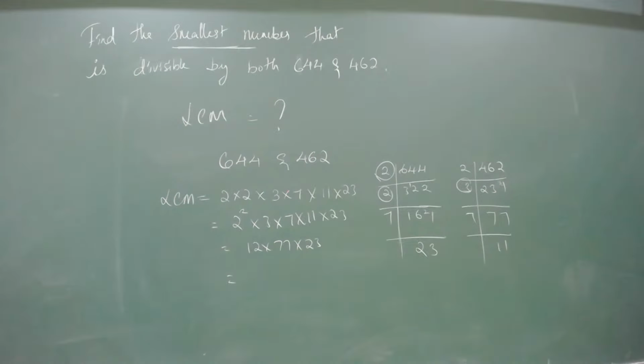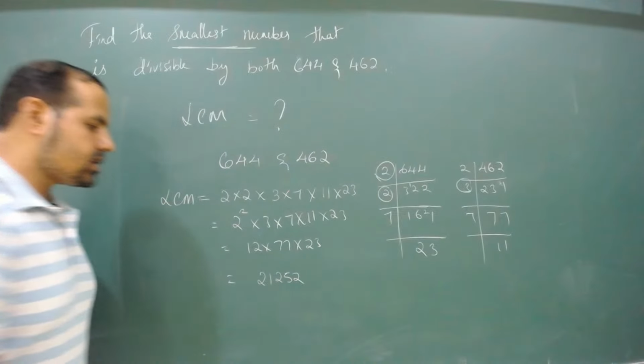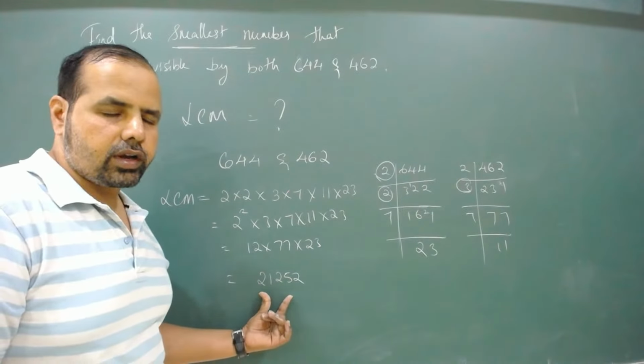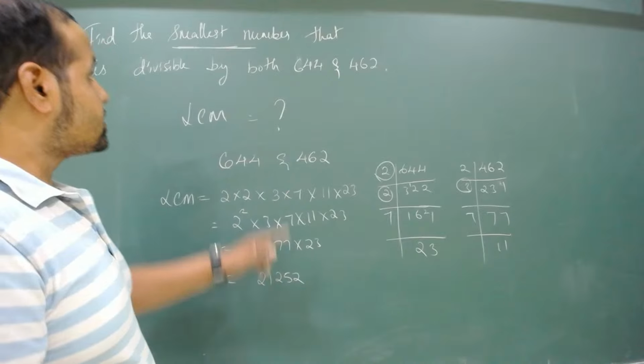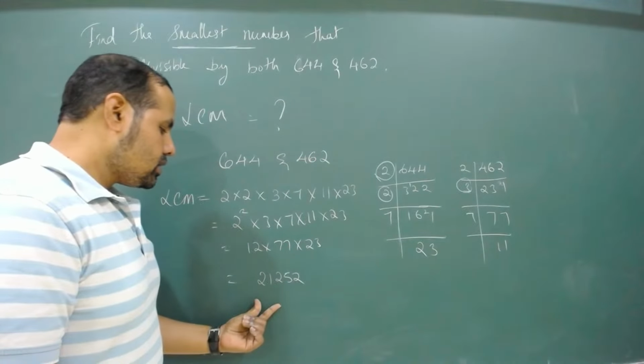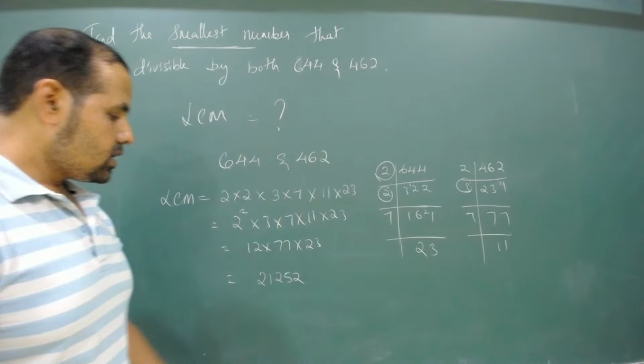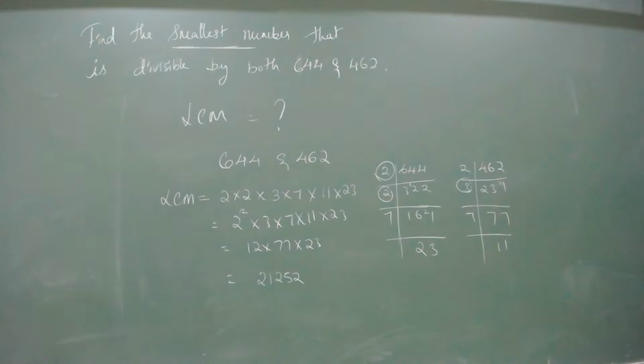Write the required answer. That would be the smallest number which is divisible by both 644 and 462. The smallest number is 21,252.